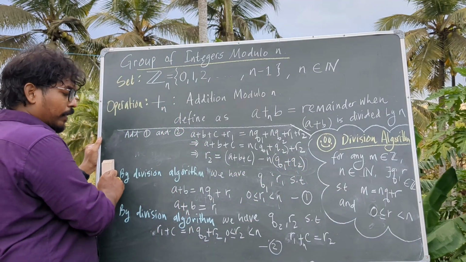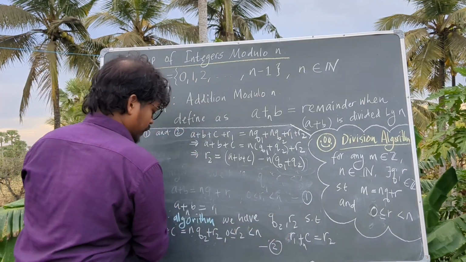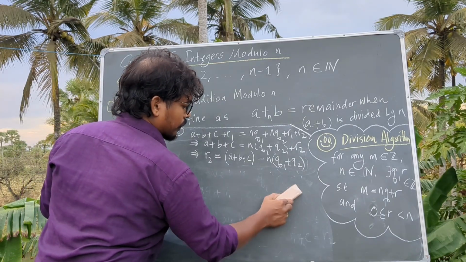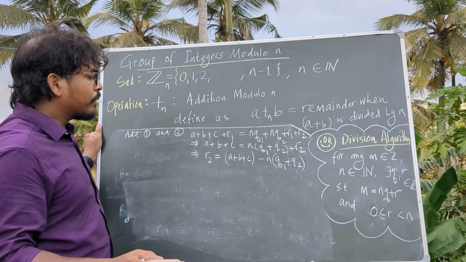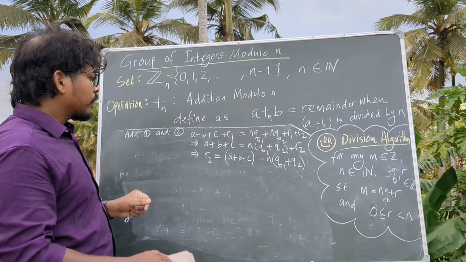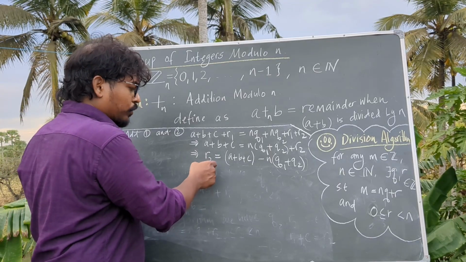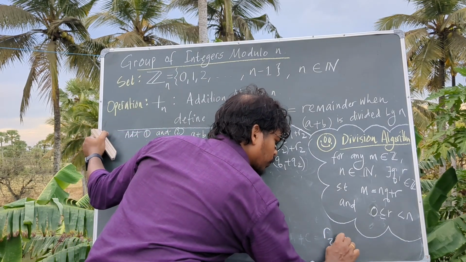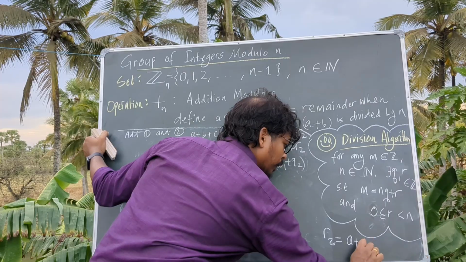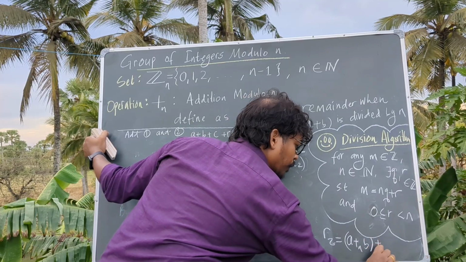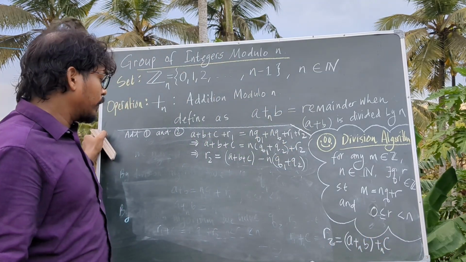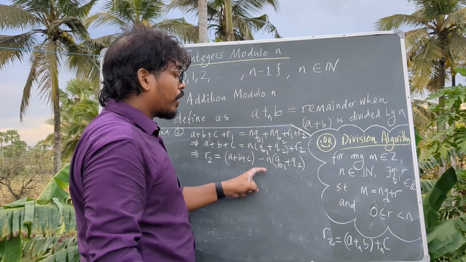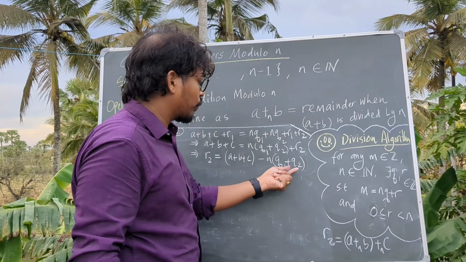Now I will erase. Try to pause the video and note the things. So R2 is what? We have R2 equals to this is our R2, and we have got R2 equals to A plus B plus C minus n times Q1 plus Q2 in bracket.